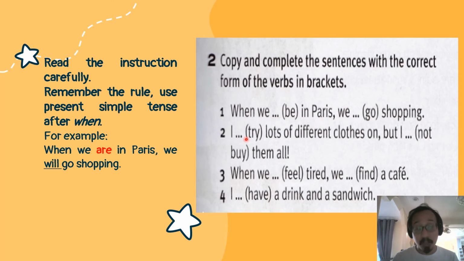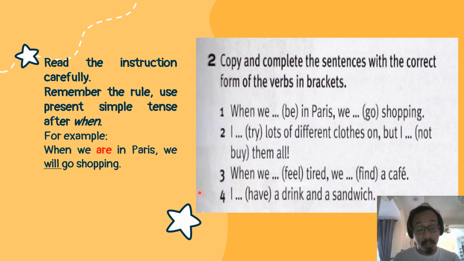I will try lots of different clothes on, but I will not buy them all. Meaning that when you are there doing your shopping, you are going to try a lot of different clothes on, but it doesn't mean that you are going to buy them all. Okay, so the answer is, I will try lots of different clothes on, but I will not buy them all.